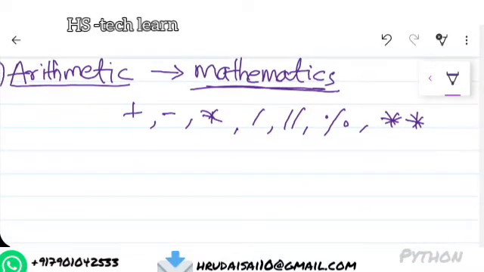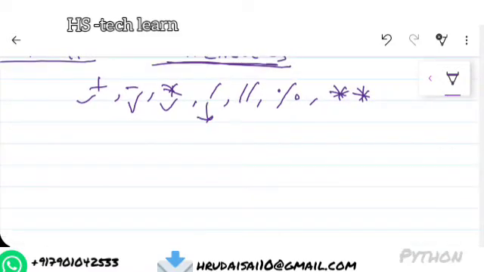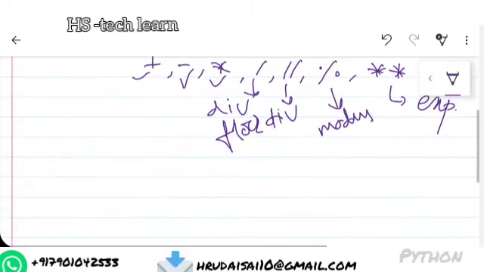So this plus is adding and minus is subtraction. This is the product. Now here it is the division. This is floor division. And this is modulus. This is exponential. We'll see one after the other.